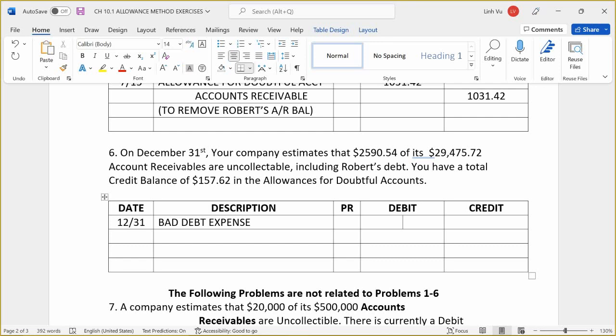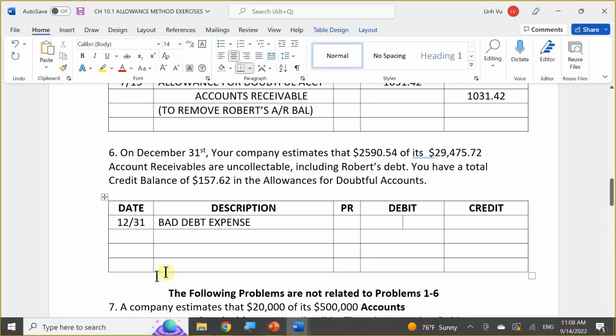So the allowance for doubtful accounts would go in the next line, and you would put the 157.62 in the credit column, because you already have $157.62 in your allowance for doubtful accounts. So this would be the 2590.